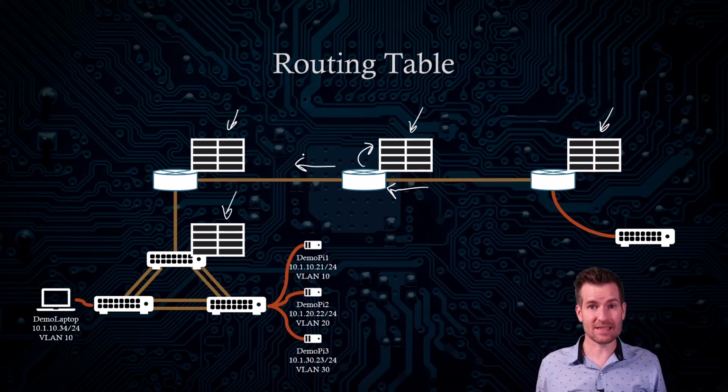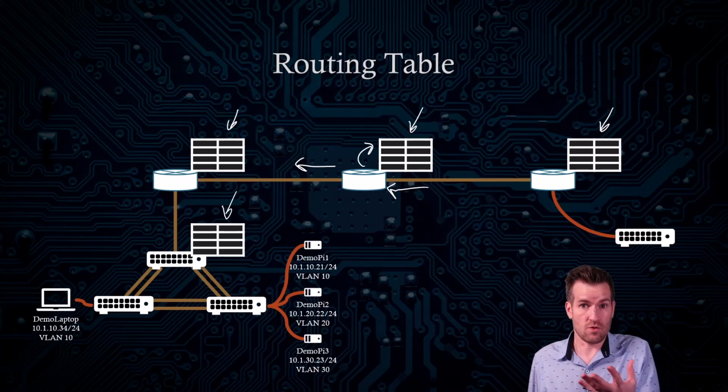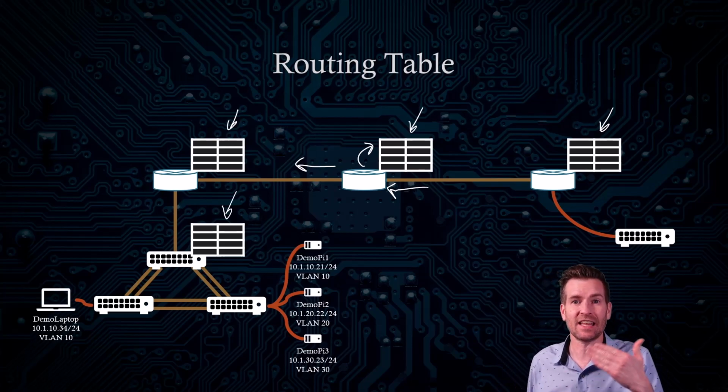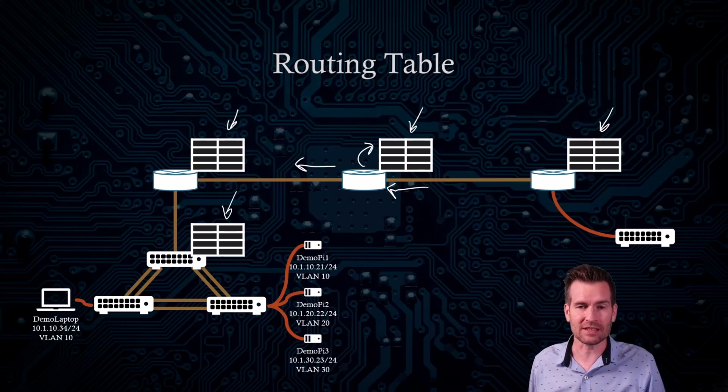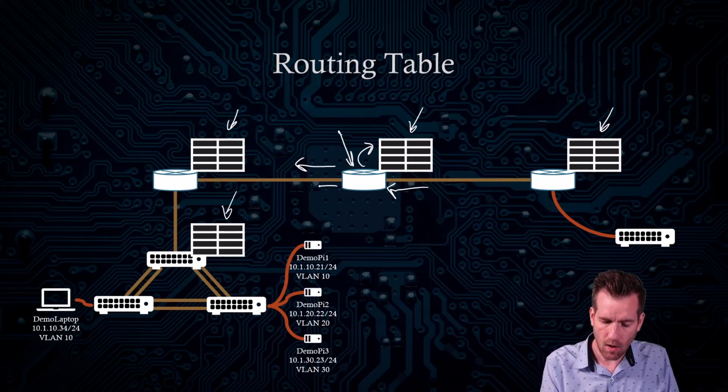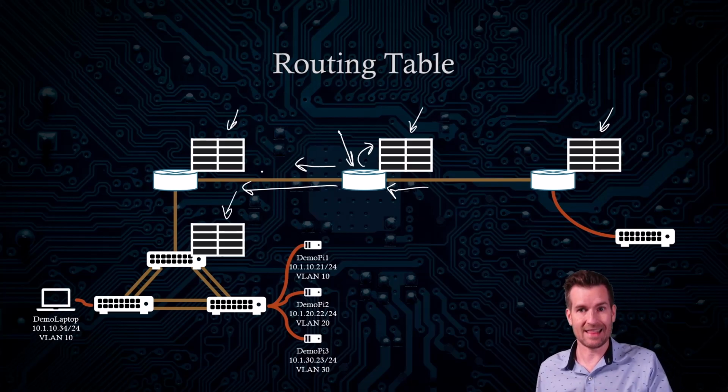A couple pieces of information that you should consider when this is happening: not all routers necessarily have all up-to-date information, which could be problematic in some cases because each one of these routers makes a determination of where it's going to send this packet next.